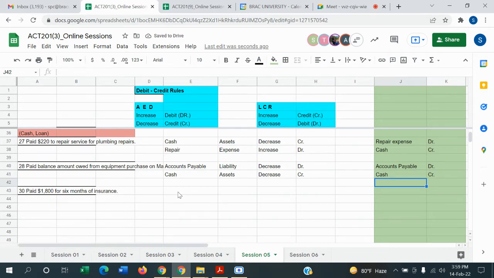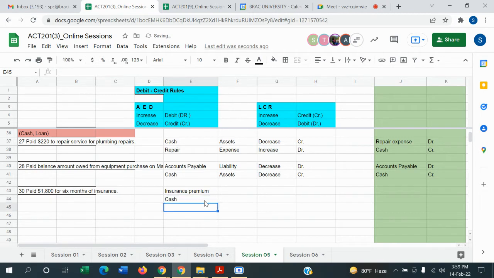The last one. Paid insurance. Sir, insurance premium and cash. Yeah, I'm coming to that. Okay, yes, insurance premium and cash. They paid insurance for the next 6 months.